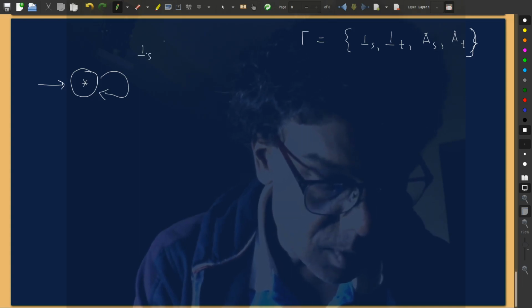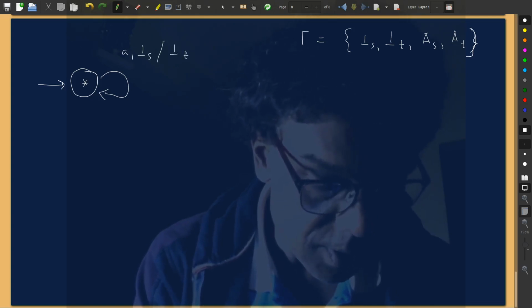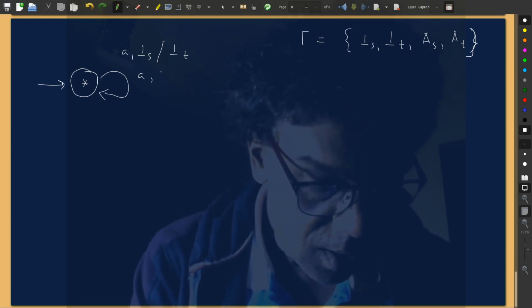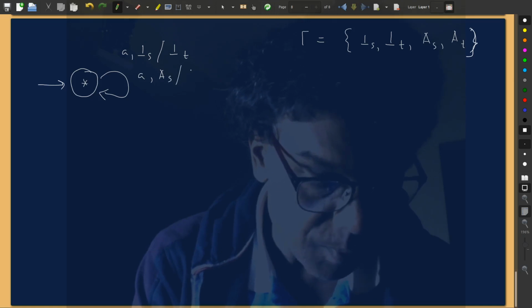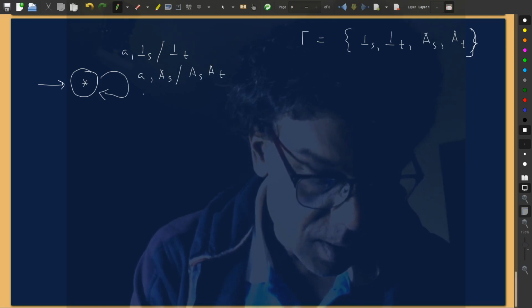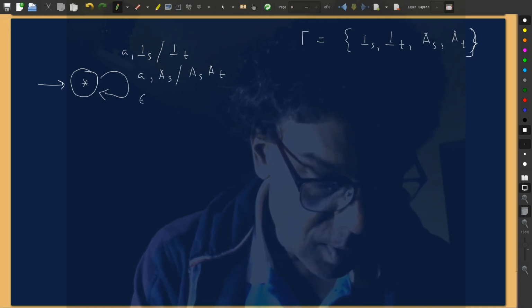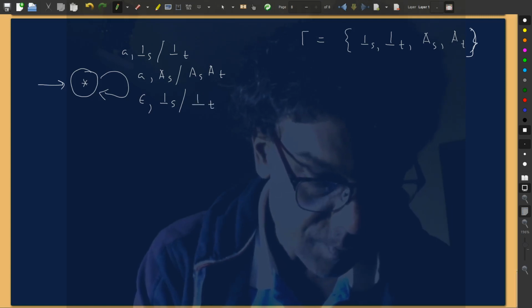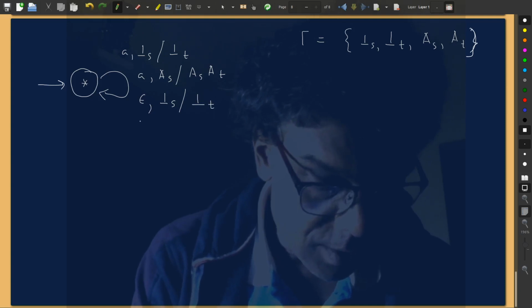Read A. If this is there, replace it by this, so that this will be removed by the state T. You read AS, replaced by ASAT. Okay. Then there is a jump from this to the state T. So essentially you convert this to this, and or if it is AS, you will go to AT.